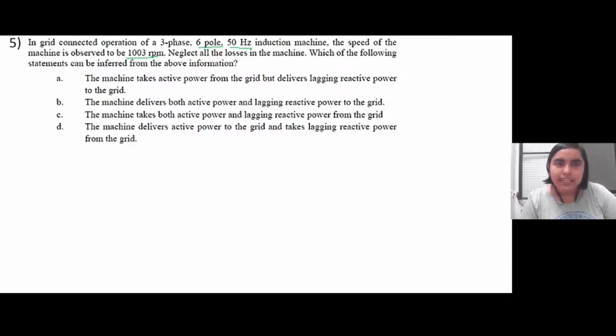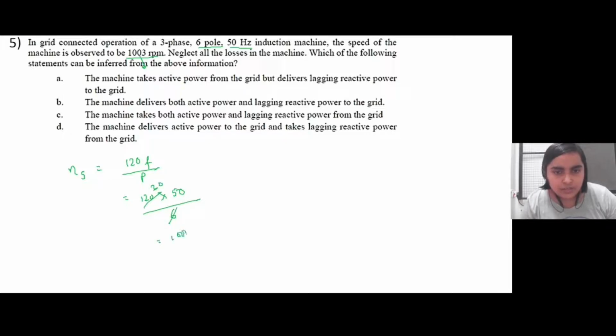So for this, 1003 is the rotor speed, right? For the stator, let's find out the synchronous speed, as we have seen in the earlier problem, 120 F by P. So it is 120 into frequency 50 hertz, and it is a 6 pole machine, so it is 1000.